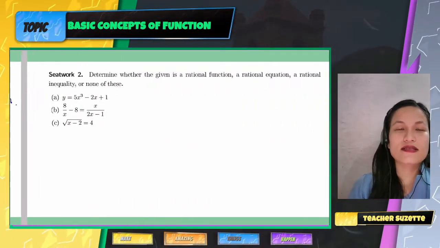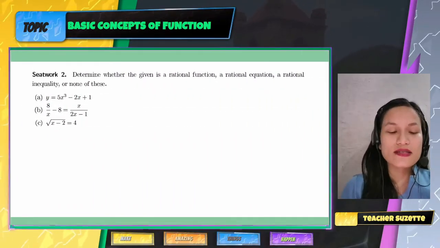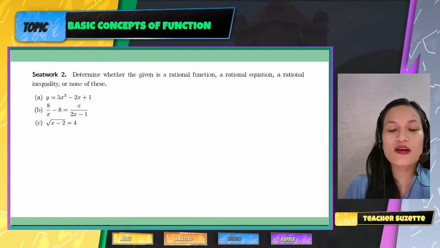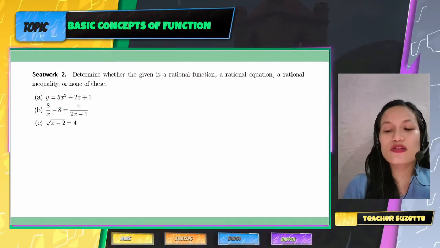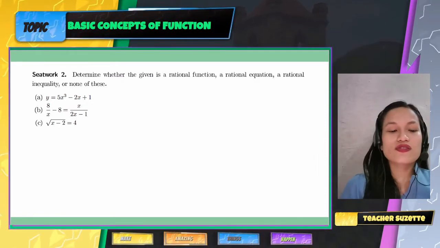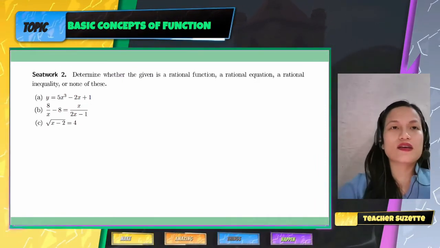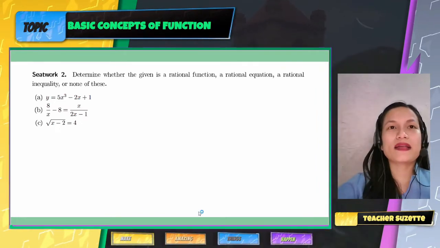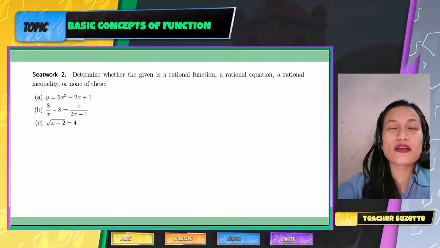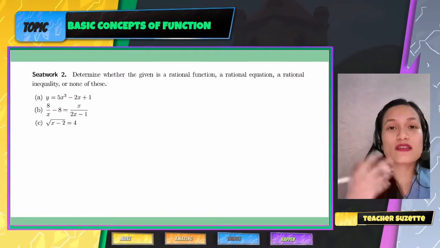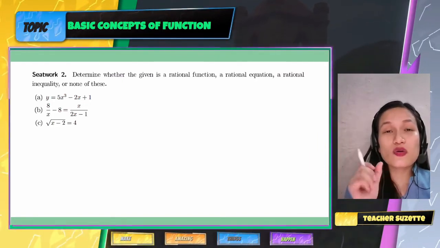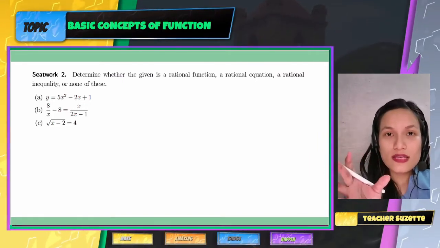Next, let's have another example. Let's determine whether the following given is a rational function, a rational equation, rational inequality, or none of these. What do we look for when it is a rational equation, rational inequality, or rational function? Obviously, when it's an equation, there is an equal sign.